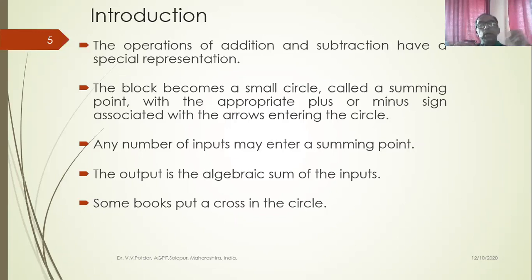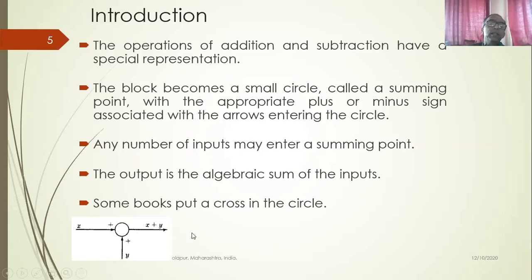Some books put a cross in the circle, right? So this is one way. This is the summing point, hollow circle I have. This is one input, this is another input, one input having x plus another input having y. So x plus y is equal to, as I said, left to right, bottom to top, so x plus y is equal to whatever it is, z, or e is equal to x plus y, whatever is the output function.